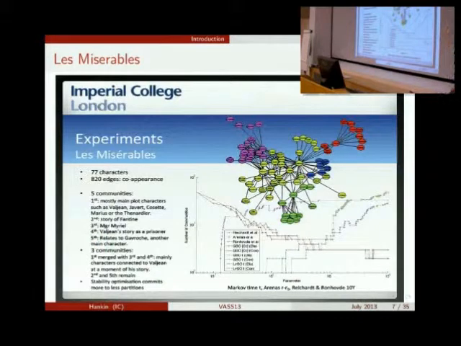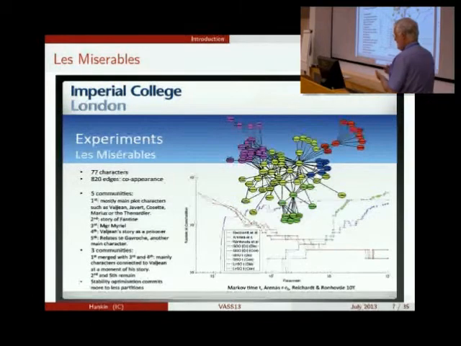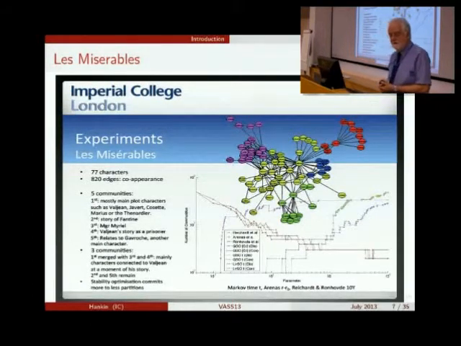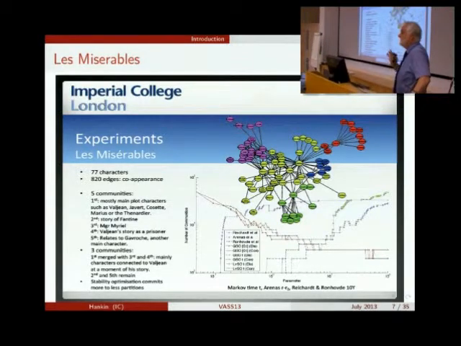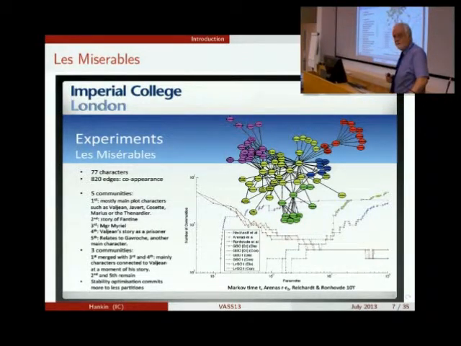This one's a bit clearer. This is grabbed from a PowerPoint presentation that I've given in the past, which does use our community detection work. It looks at the 77 main characters that appear in the novel Les Miserables, and there are about 820 interactions between those characters, which correspond to co-appearance in parts of the plot of the novel.